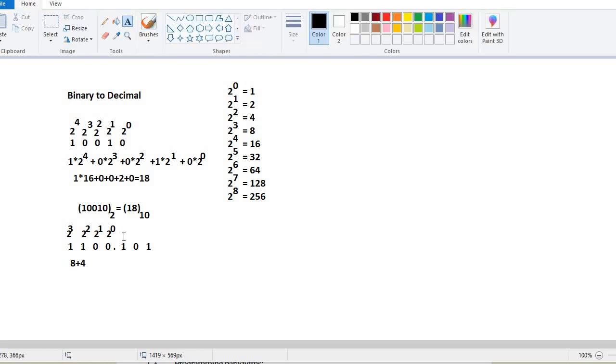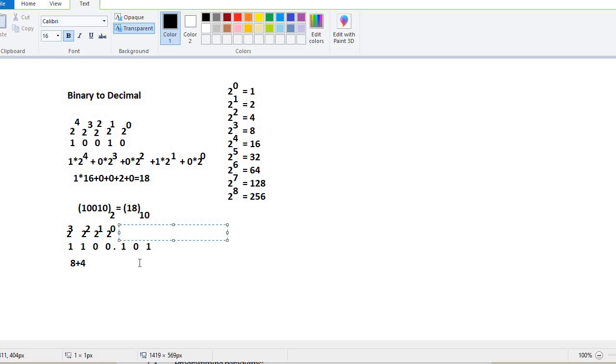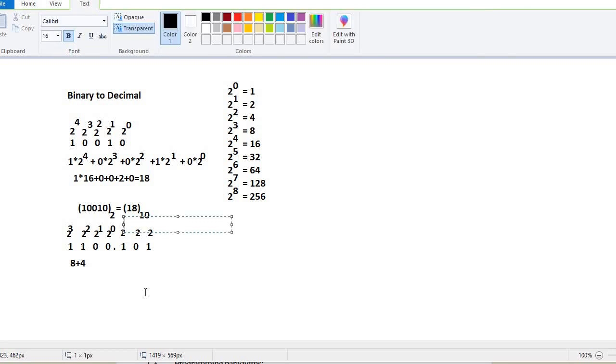Okay, what I will have? So for 101, when I am considering something after the decimal point, let me just write it down first. So what I will have here is 2 to the power minus 1, minus 2, minus 3. Now let us try to understand how this will work.